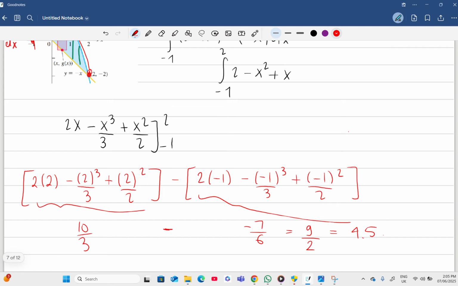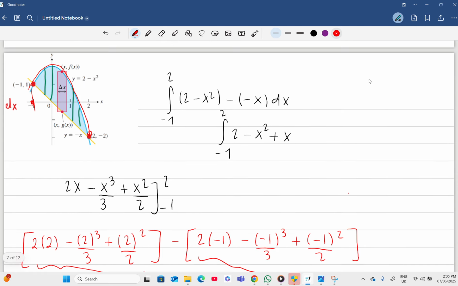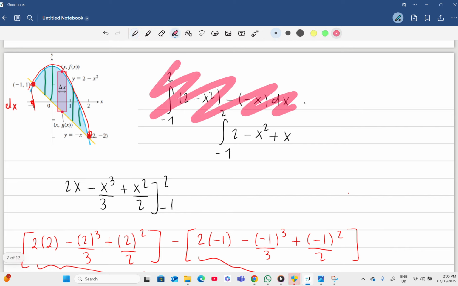Now like we said, if you plug this function into the calculator, you will get 9 over 2. And if you switch them, you're gonna get -9 over 2. So when you get a negative, that's when you know your order is wrong and that we need to switch them.